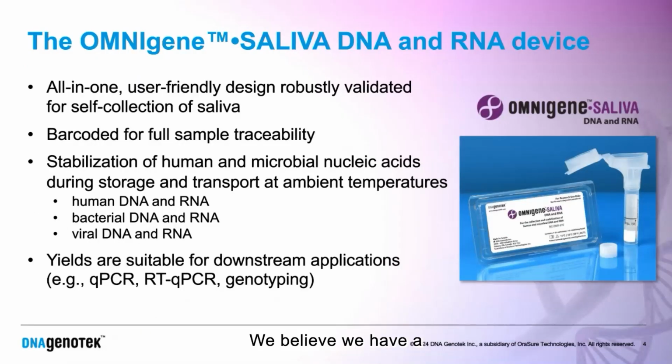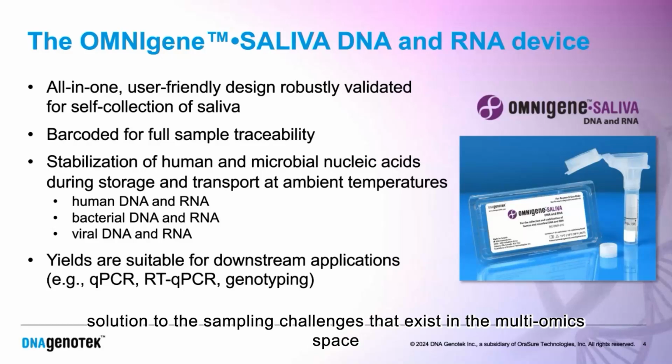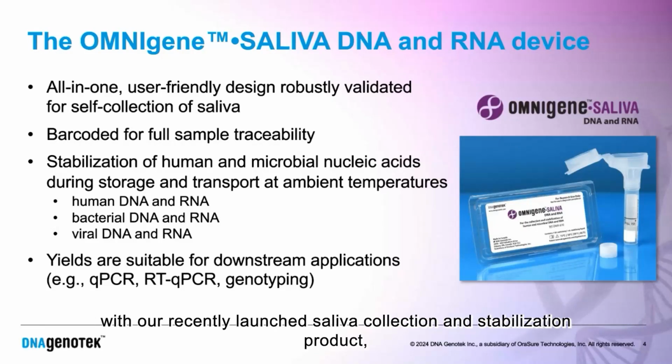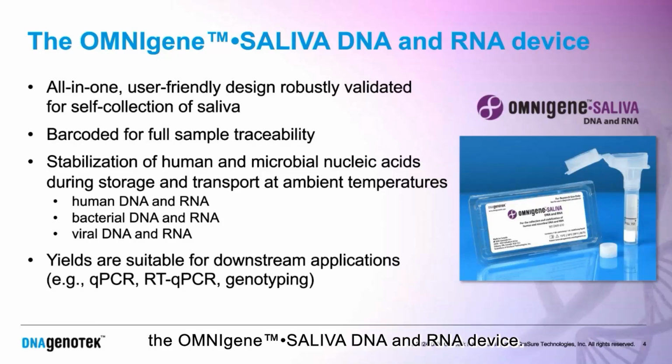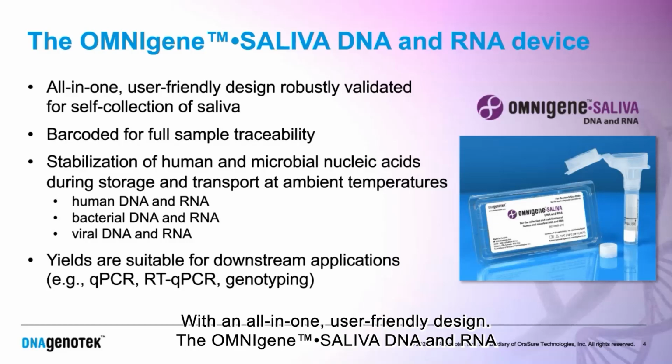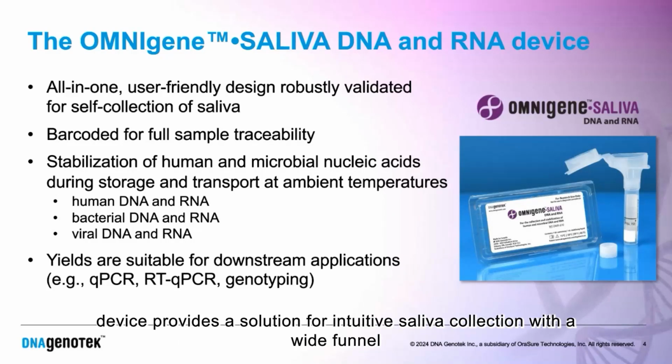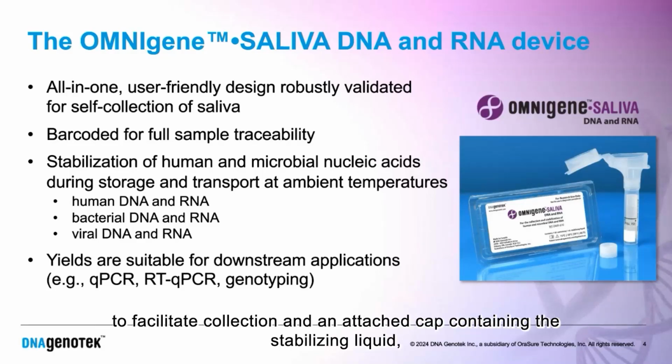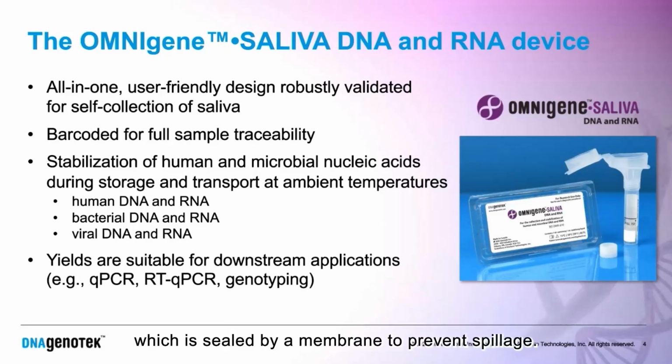We believe we have a solution to the sampling challenges that exist in the multi-omic space with our recently launched saliva collection and stabilization product, the OMNIgene SALIVA DNA and RNA device. With an all-in-one user-friendly design, the OMNIgene SALIVA DNA and RNA device provides a solution for intuitive saliva collection, with a wide funnel to facilitate collection and an attached cap containing the stabilizing liquid, which is sealed by a membrane to prevent spillage.